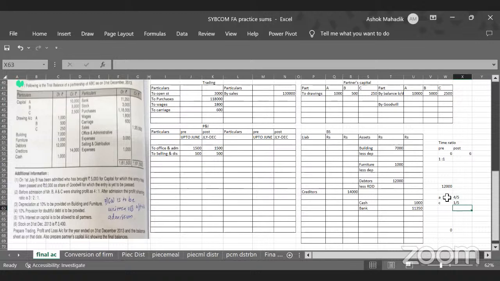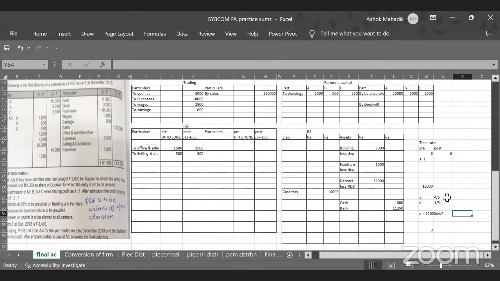So what is the amount? 12,000. So how much A will get? A will get 12,000 into 4 divided by 5. Let us solve it. 12,000 into 4 divided by 5 is 9,600. Same way we will calculate for the other partner also.